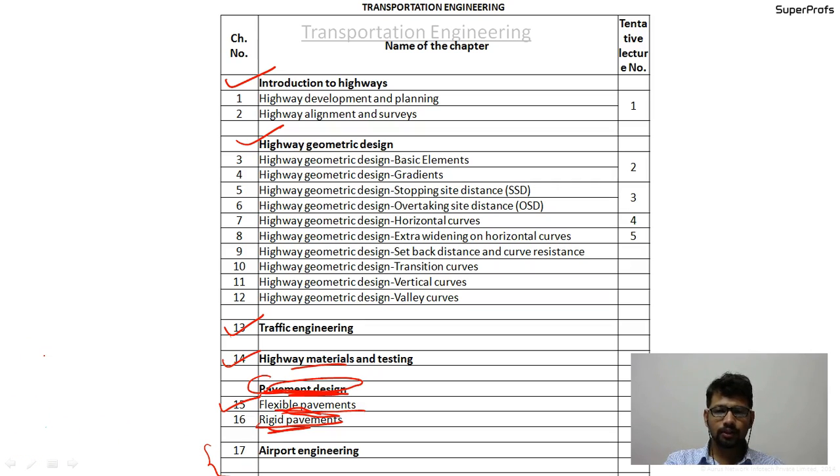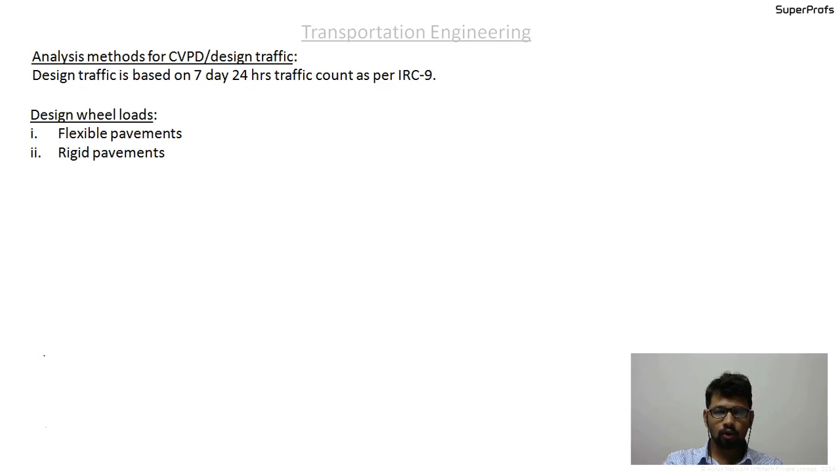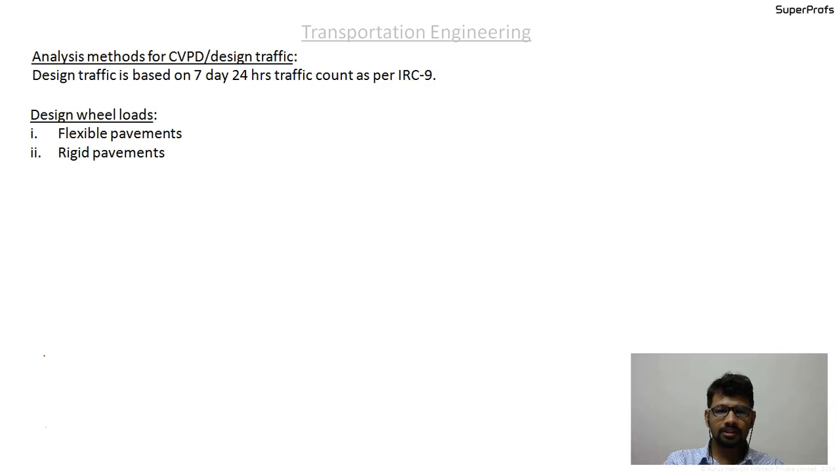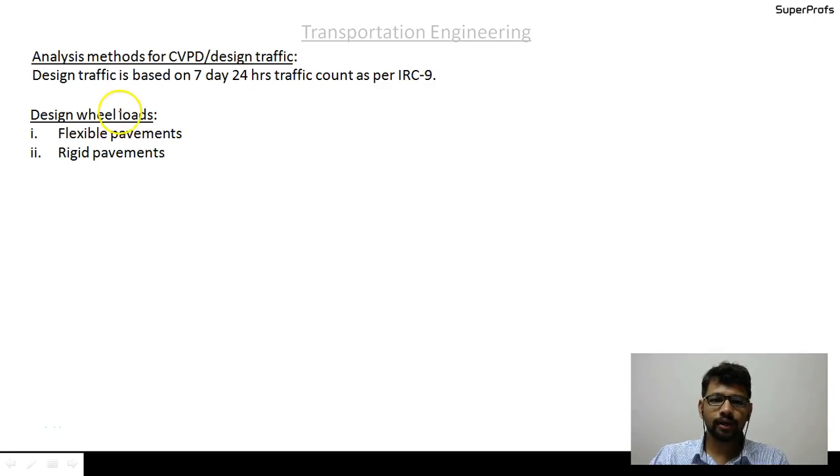So let us now move ahead to discuss the topics on flexible pavement design. In the previous lecture we discussed the anticipated traffic, and we took one numerical question on that. Now let's discuss how to analyze the design traffic.